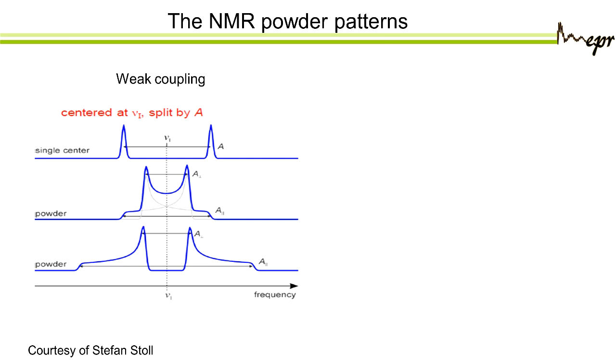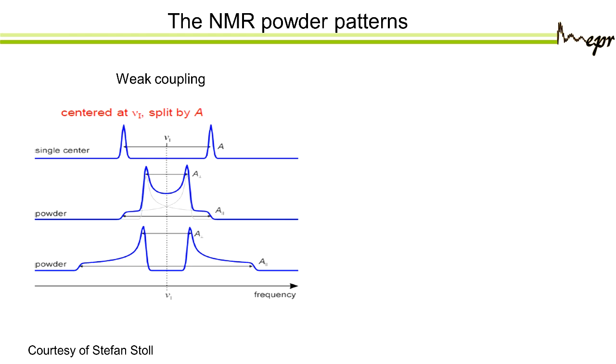So what it does, it takes these two powder patterns, which look very much like the g powder patterns for axial symmetry, and they move along. So now if you measure A parallel, A perpendicular, from here you can then derive A iso and T perpendicular.